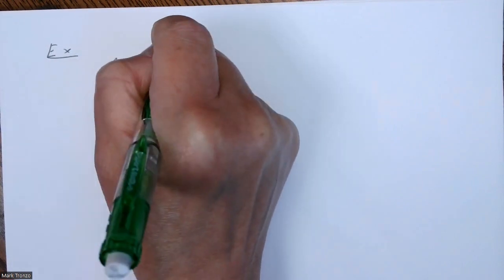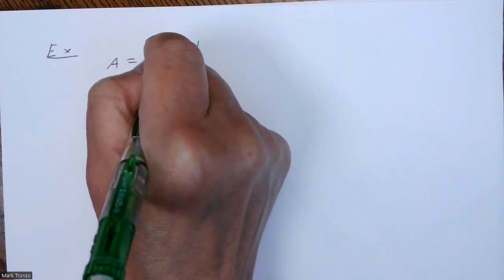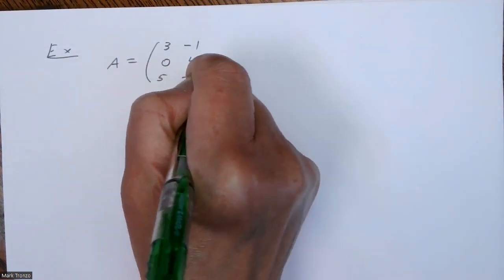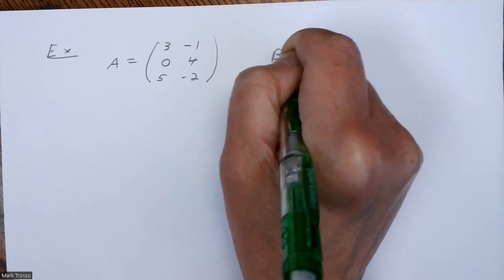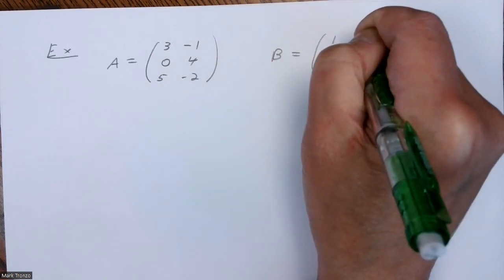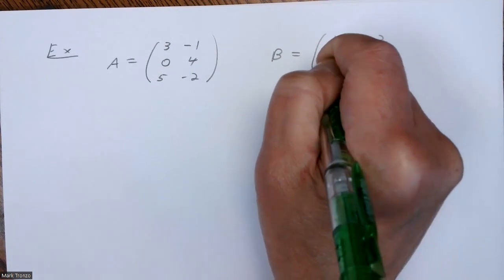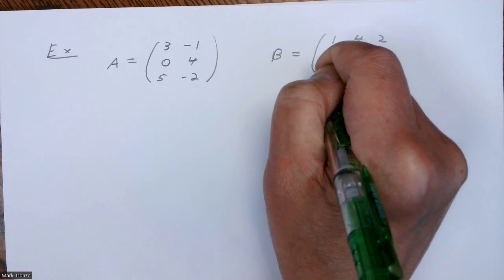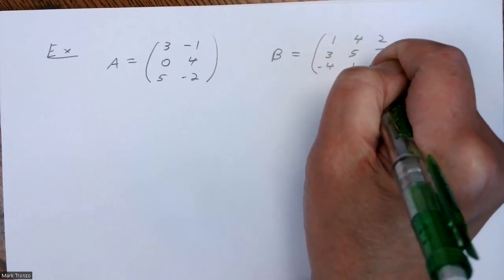Let's say A was 3, -1, 0, 4, 5, -2, and B was 1, 4, 2, 3, 5, 7, -4, 1, 6.